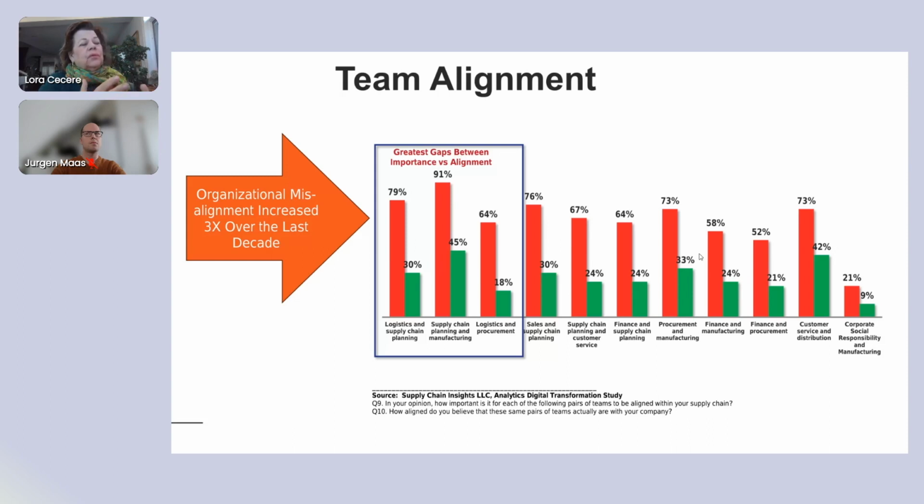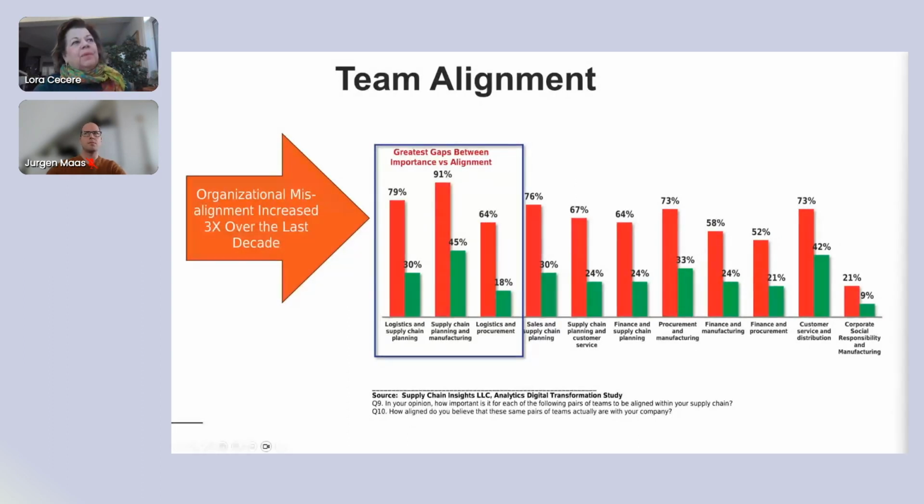So using a tool to show people the output of a responsive supply chain, the impact on time, an efficient supply chain, the impact on cost, an agile supply chain, the impact on customer service, helps us to close the gaps.